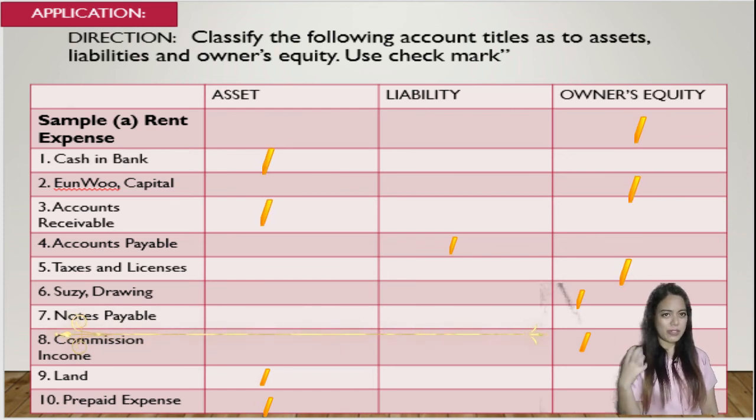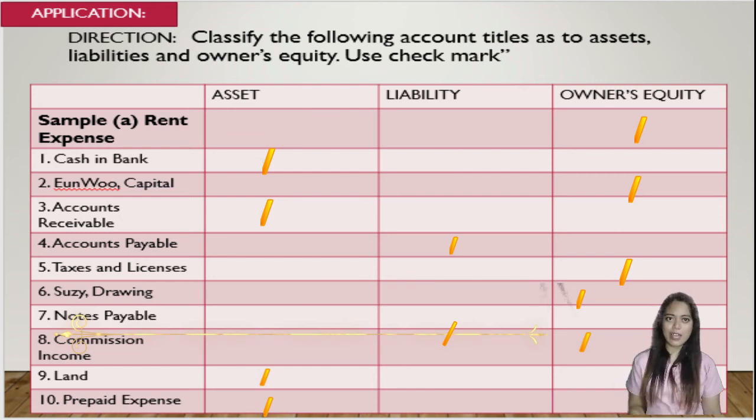This may sound confusing because it has the word expense, but the answer is assets. Prepaid expenses are expenses which are not yet incurred but are already paid, meaning the business paid in advance.